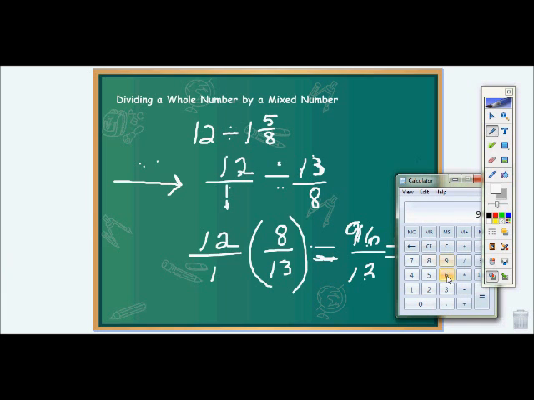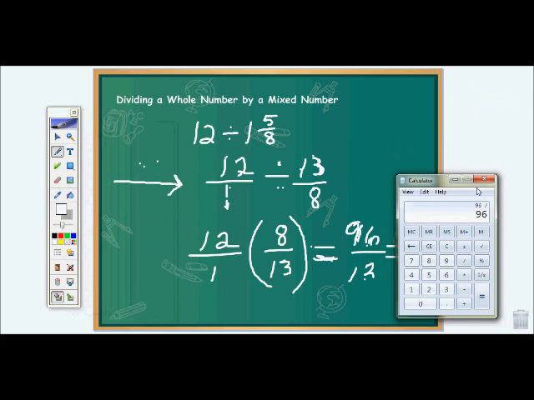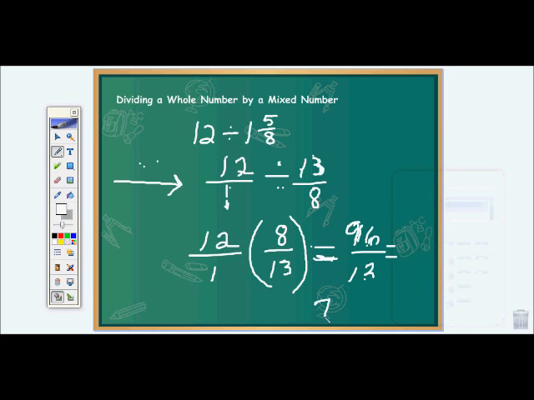Let's do 96 divided by 13. I end up with 7 with a repeating decimal. So I'm going to go ahead and my whole number is going to be 7.